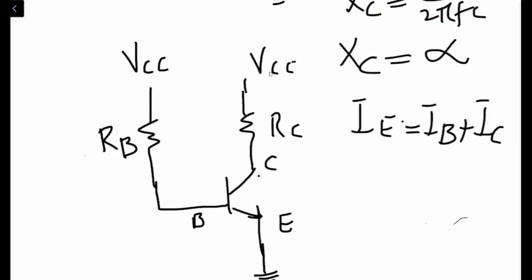And we also know this thing that IC is equal to beta times IB, right?